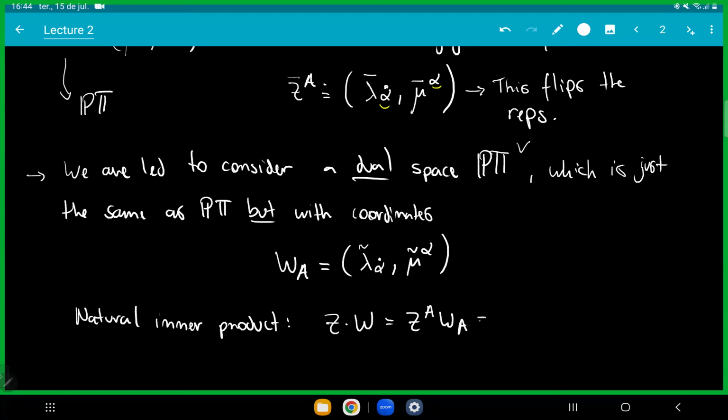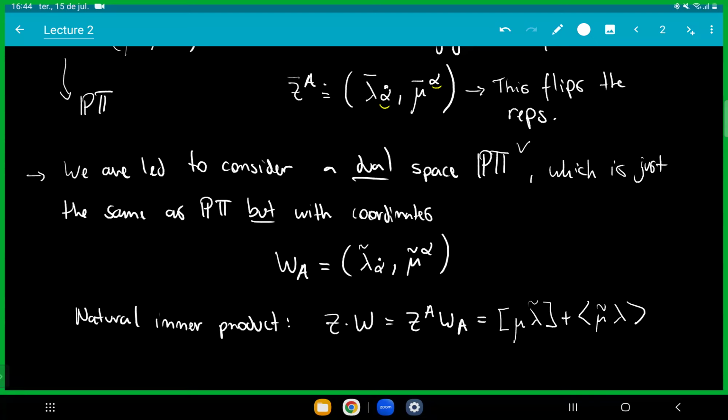And if you do this carefully, you just contract the correct indices, you should get mu lambda tilde plus mu tilde lambda using those SO2C invariant inner products that I showed you in the last lecture. So just contracting alpha dots with alpha dots and alphas with alphas. Okay.